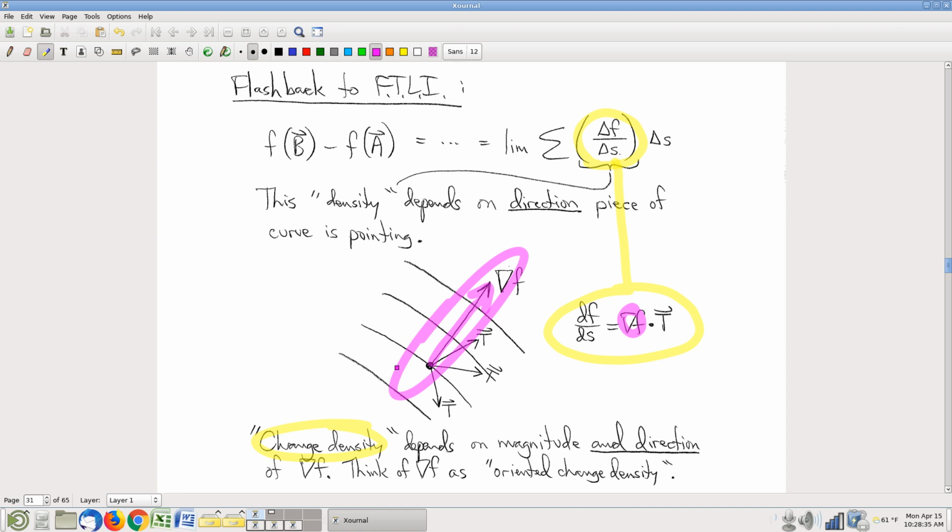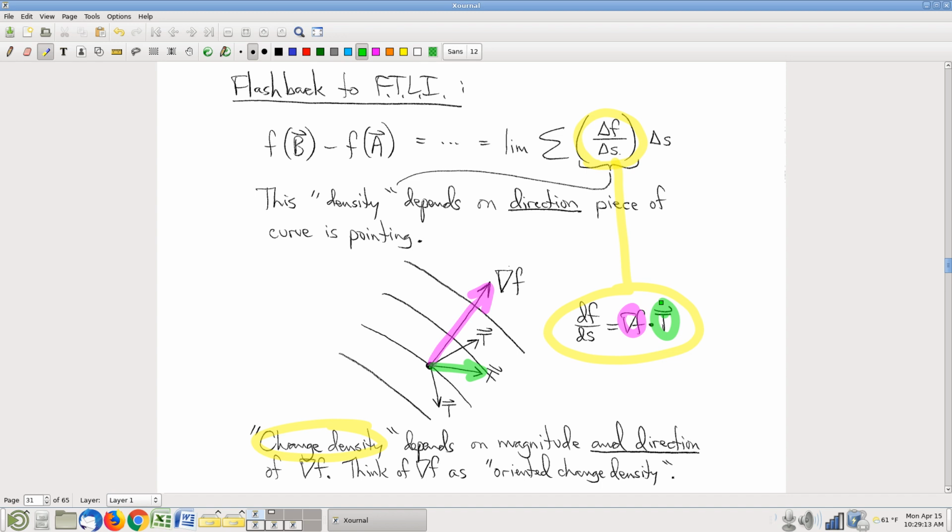So the gradient has to be a vector in order to encapsulate that. And specifically, it's by dot product with the direction that you're going that you get your actual change density. So if you're going straight uphill, then the altitude per unit distance is your df/ds. If you're not going uphill, you don't have the same df/ds. Does everybody see what's going on here? Okay. Questions?